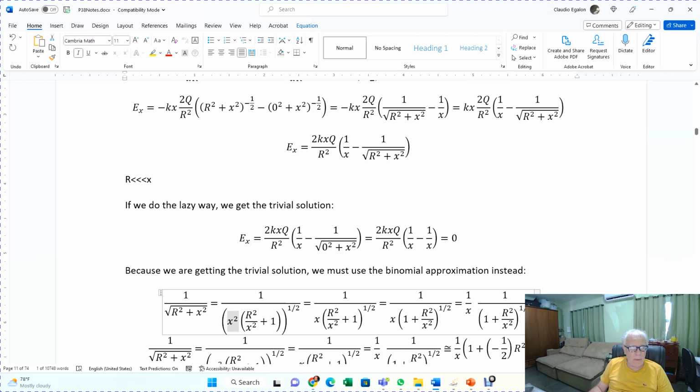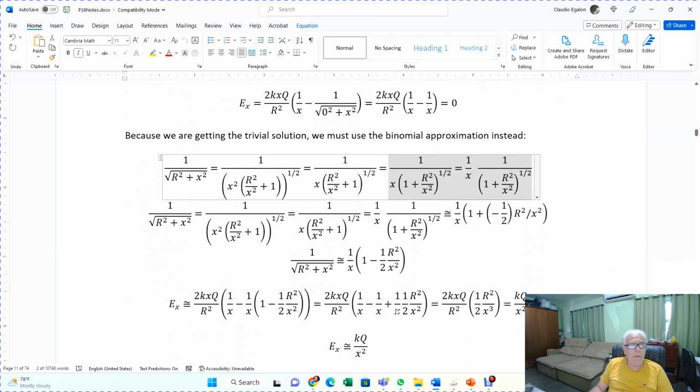When this x squared goes out of the square root, we end up with this x. And I am rearranging my term that has the square root. 1 over x, that's another way of writing this ratio, right?